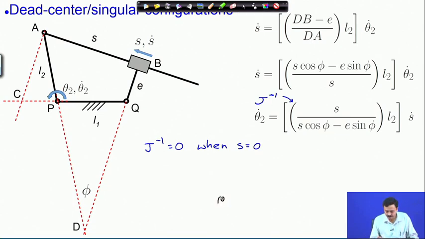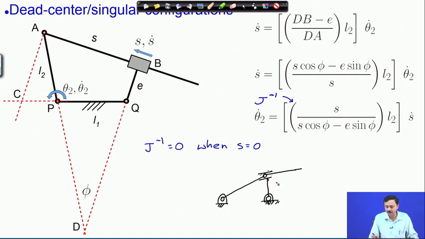At this configuration, something like this.